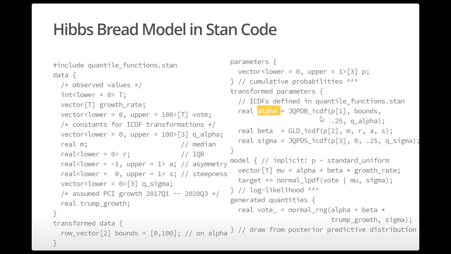Beta with the inverse CDF of the generalized lambda distribution. Sigma with the inverse CDF of the Johnson quantile parameterized distribution, semi-bounded. Then we get our 3 substantive parameters that go into the conditional mean function for mu, and then mu goes into the likelihood function, evaluated at the observed outcomes, also with the sigma that comes along with it.